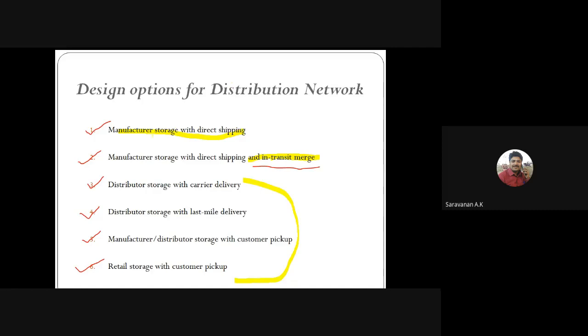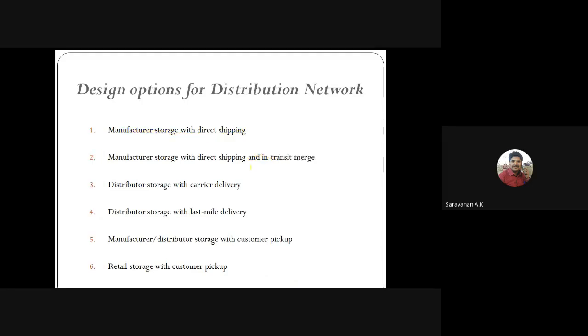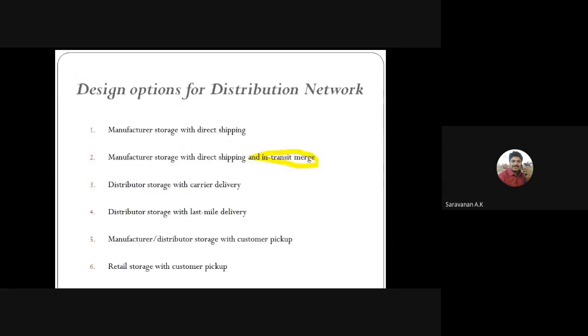One is the manufacturer storage with direct shipping, and the second is the same, but here we have added some facility, the in-transit merge. Do you have any doubt? No? Okay, fine.